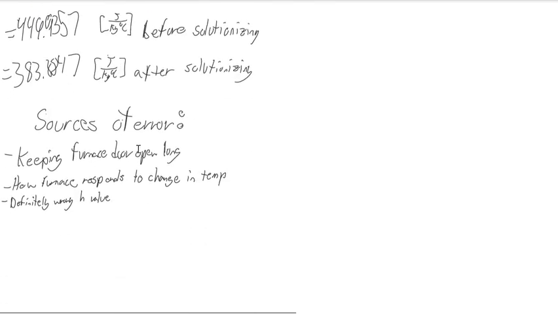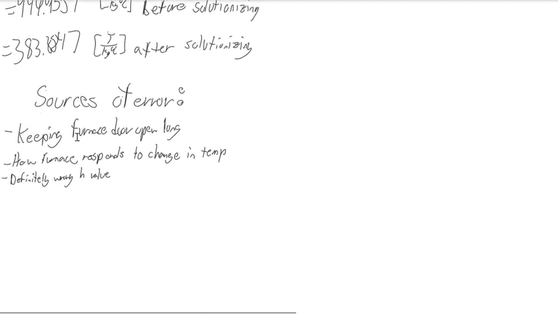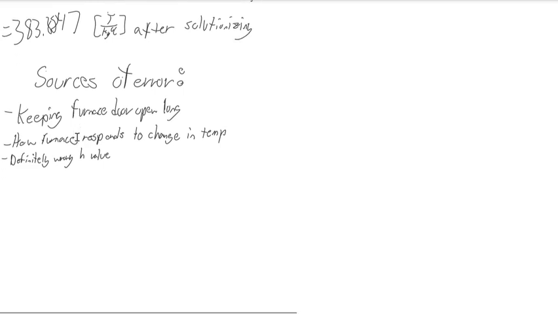But anyways, the sources of error here that I notice at least are keeping the furnace door open too long. Obviously, if you keep the furnace door open too long, the temperature isn't actually going to be uniform at 135 Celsius everywhere. And how the furnace responds to a change in temperature.